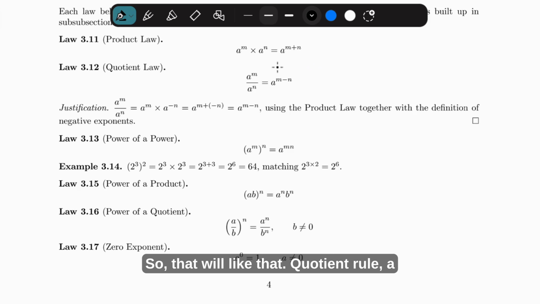Quotient rule: a to the m divided by a to the power n is equal to a to the m minus n. Justification: these are too trivial to prove, we will just use the definition to get that.